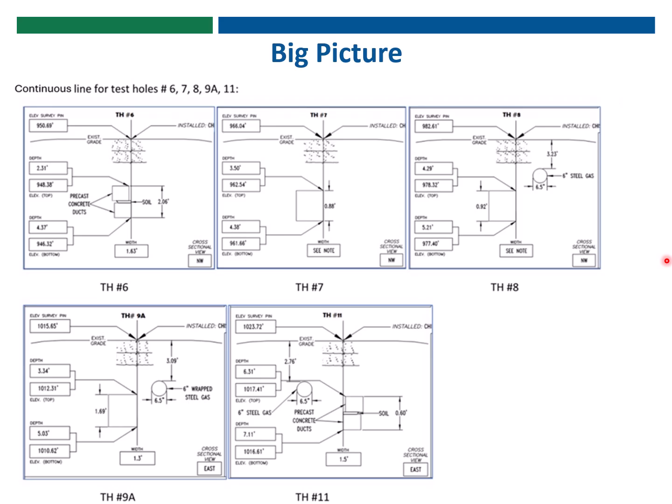Now we do understand there could be differences between ducts if there's settlement involved, and the gaps in between the ducts could vary. But transitioning from 2 ducts to 1 duct on a continuous line doesn't really make sense.